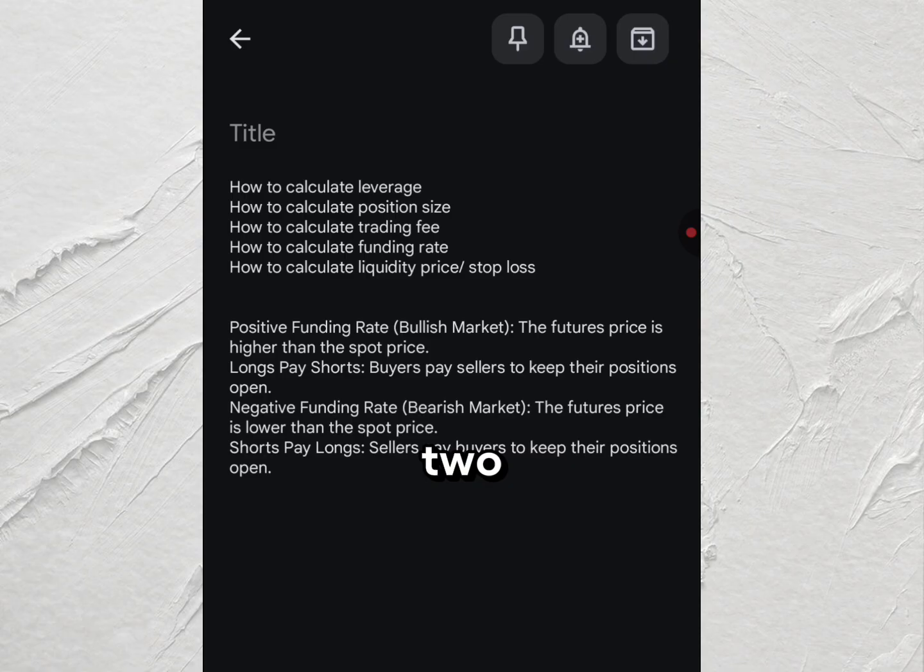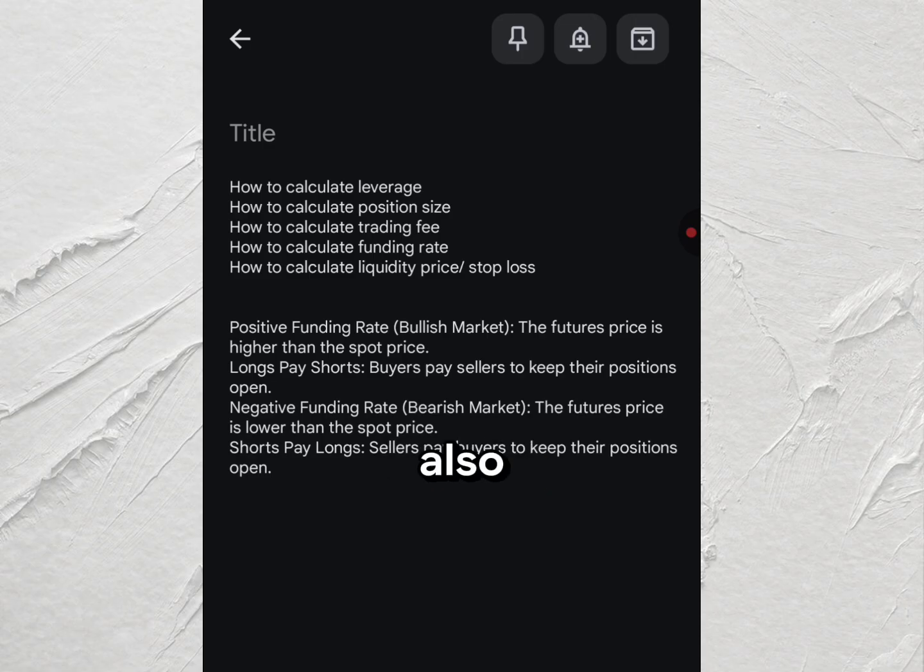Keep in mind, we have two different types of funding rates: the positive funding rate and the negative funding rate. The positive funding rate usually happens in a bullish market, and the market is only in a positive funding rate if the futures price is higher than the spot price.